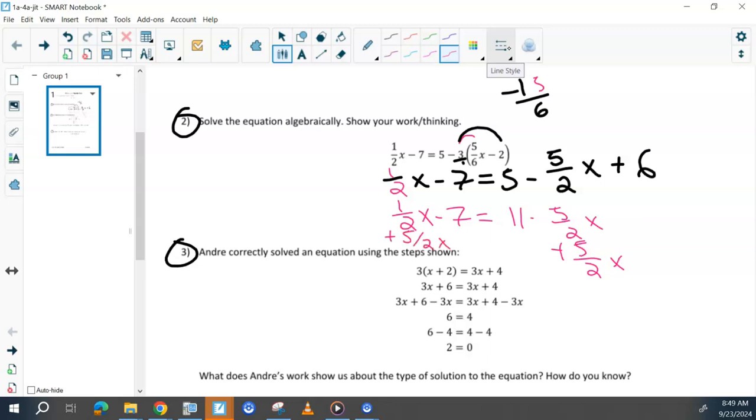If I'm doing that, I'm going to also move the 7 to the right by adding. Because they have the same denominator and both have 2, I would just add the numerators, 1 plus 5 to get 6. But 6 over 2 is 3. And 11 plus 7 is 18, and we would divide both sides by 3. So that x is 6.